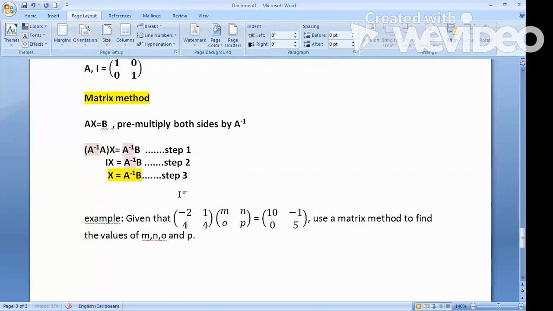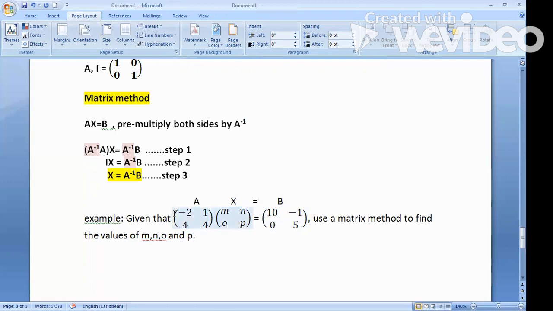We can call this one A, this one X, and the last one B. So A represents this matrix here, X represents this matrix, and B represents this matrix.